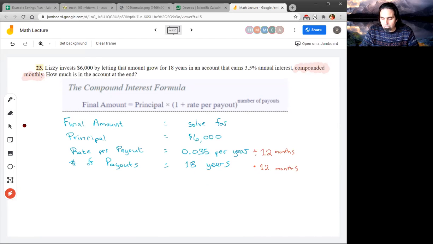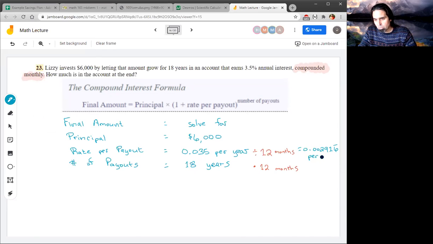Okay, 0.035 times 12, 0.42. That can't be right. Divided by 12. 0.002916. And I'm going to put a little bar over my 6 to show it repeats.